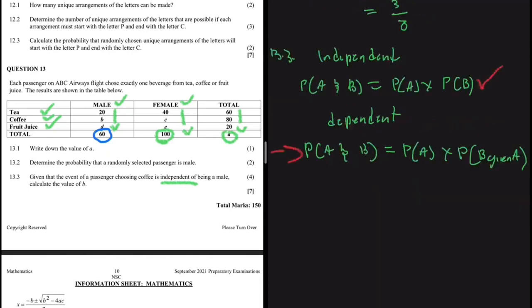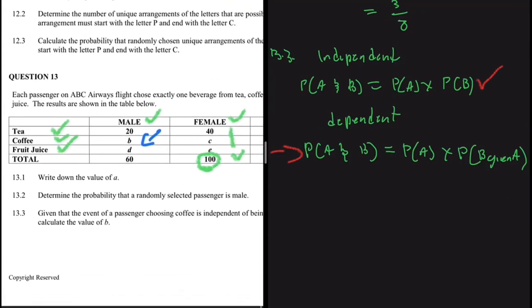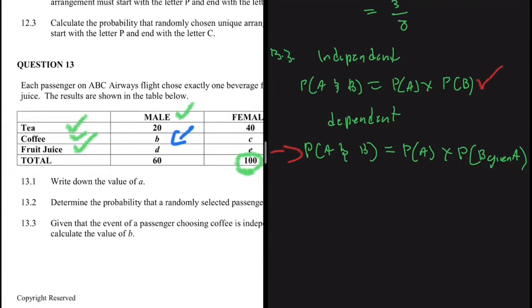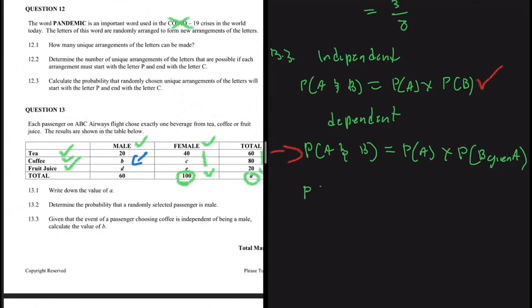So let's go to our table and look at B, right? B is the probability of a male choosing coffee. So the probability of being a male and choosing coffee will be equal to the probability of being a male multiplied by the probability of choosing coffee, right? From our formula here for independent events.